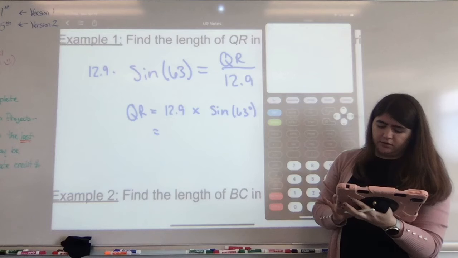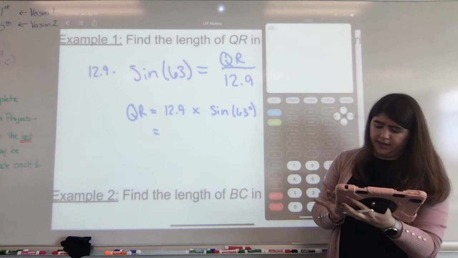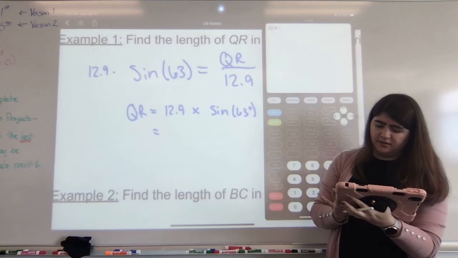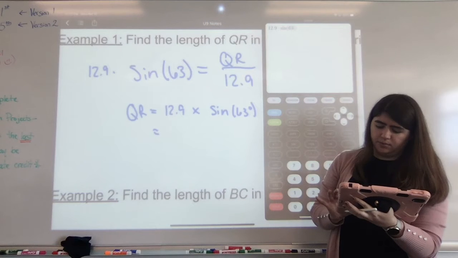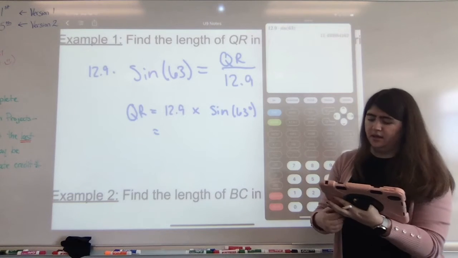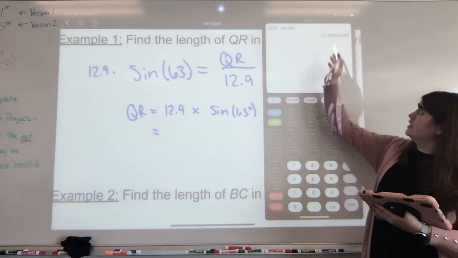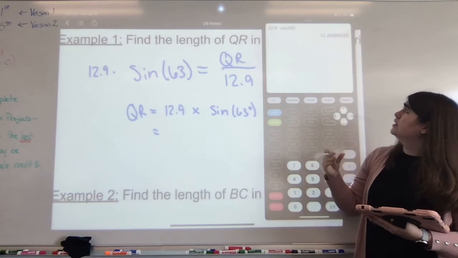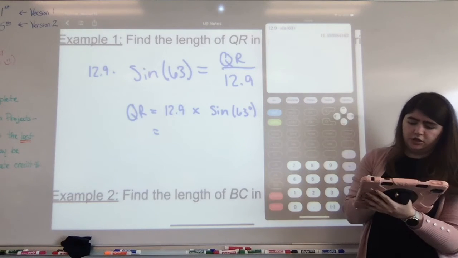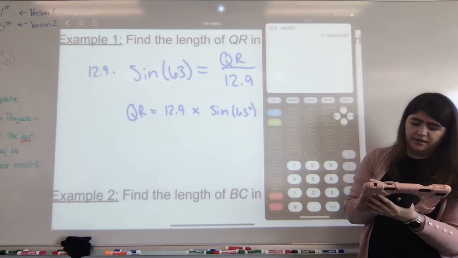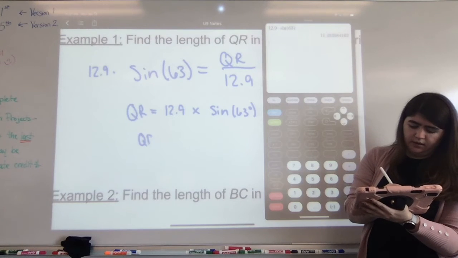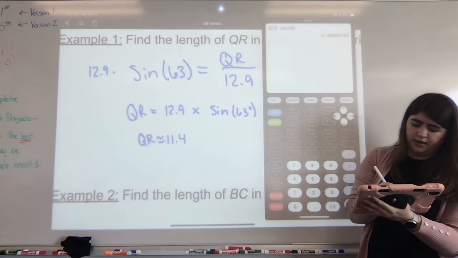Then I'm going to type in 12.9 times the sine of 63, close my parenthesis, hit enter, and that gives me 11.493, which means we're saying that QR is approximately equal to 11.49 centimeters.